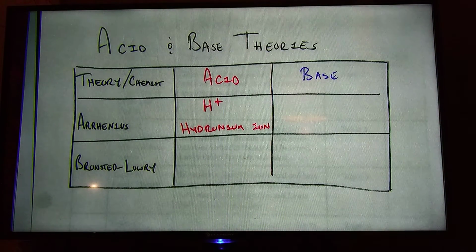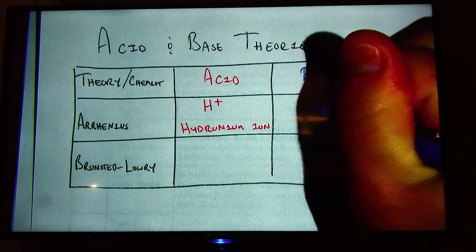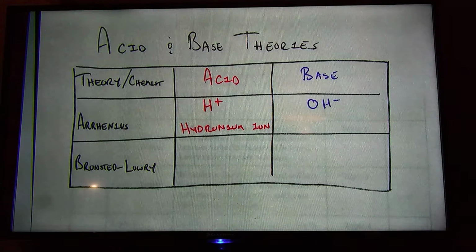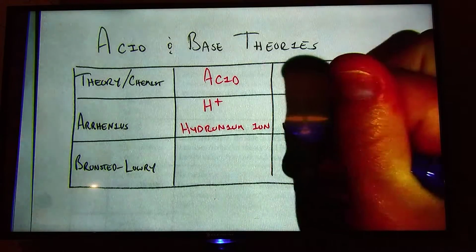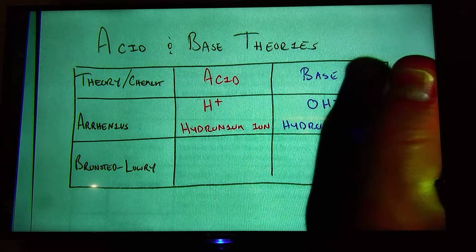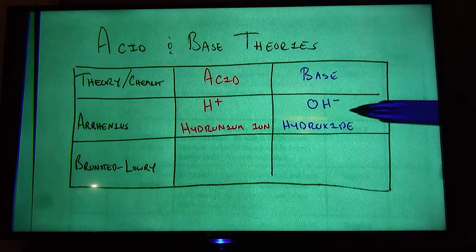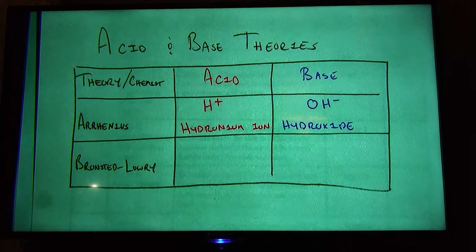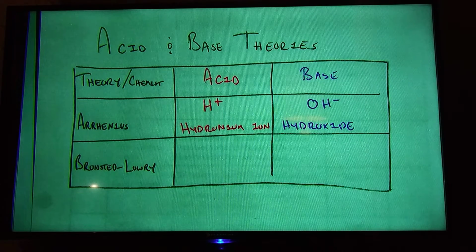The base was going to be the hydroxide, or the OH- ion. This is my hydroxide, the hydroxide ion. Notice the H is negative here, the H is positive for the acid. That's the key difference there.